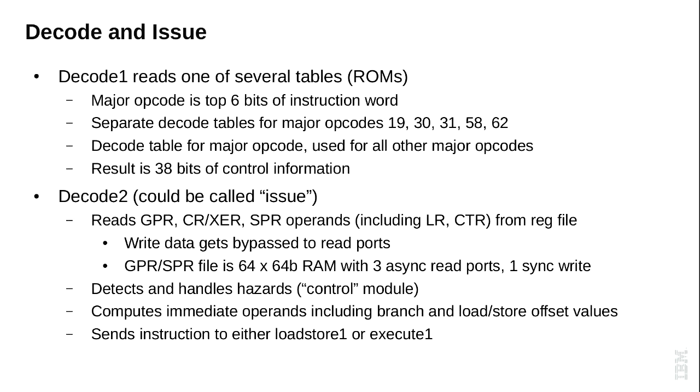Decode 2 gets a bit more interesting. It's responsible for reading those operands, general purpose registers, condition register, XCR, SPR from the register file, the reg file and the CR file. I talked about that. It also is the place where we detect hazards.